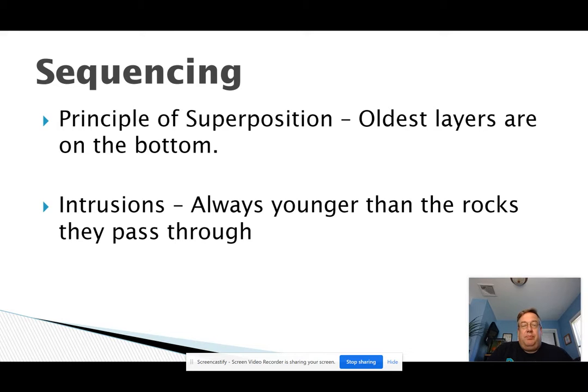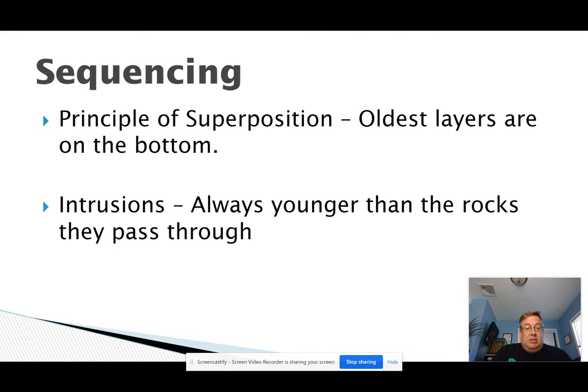Sequencing is when we have a whole bunch of rock layers and things going on, and we're trying to put them in order. And we might be comparing two different areas to try and build up one sequence because some things may have happened in one that didn't happen in the other. So we're going to have to do comparisons.